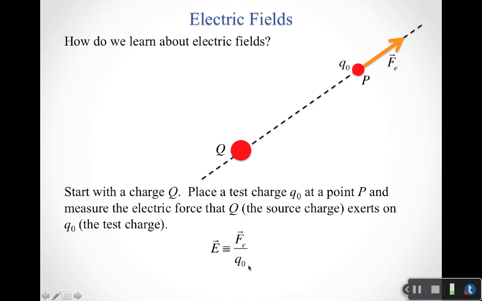So to get rid of the test charge, I'm basically going to divide the electric force by the test charge. I'm taking something that depends on two charges and getting rid of one of them, so I'm left with the electric field, which only depends on my source charge.